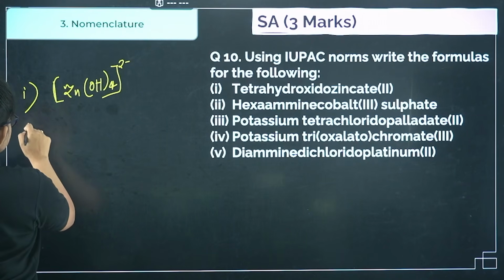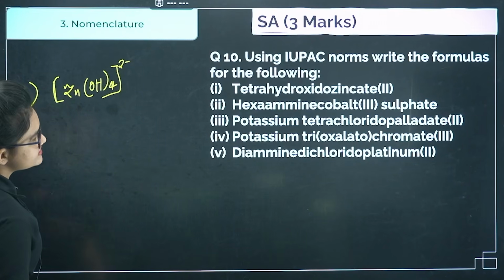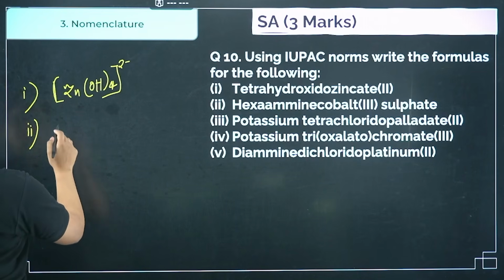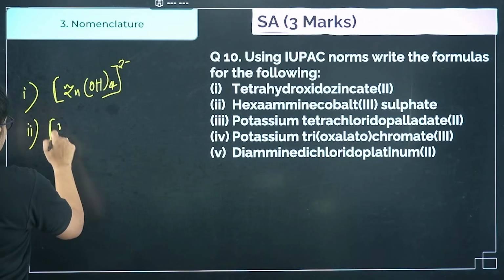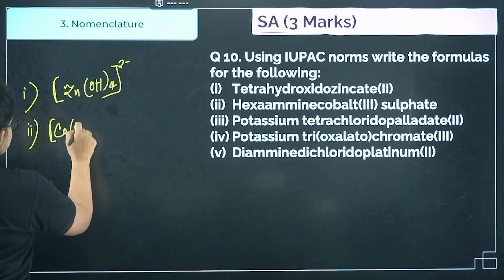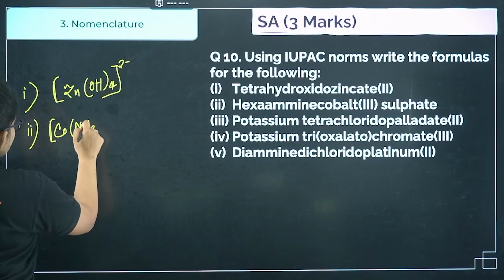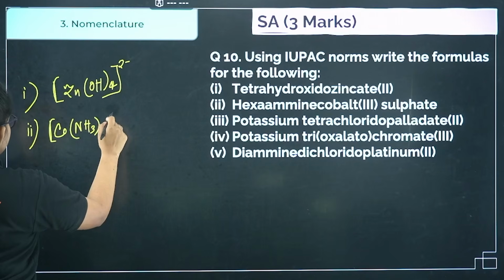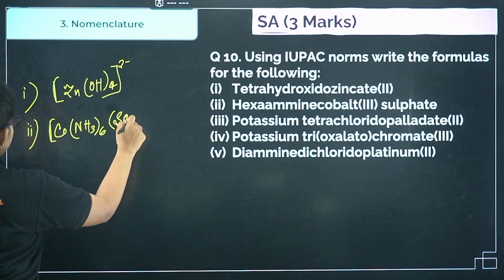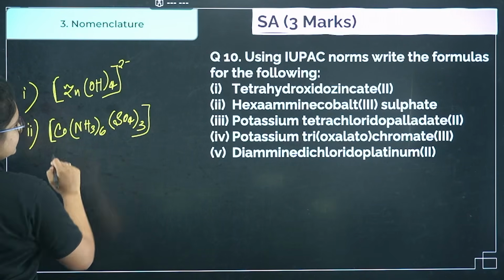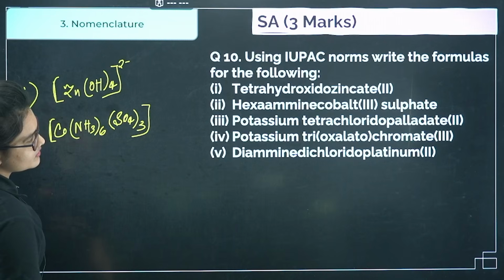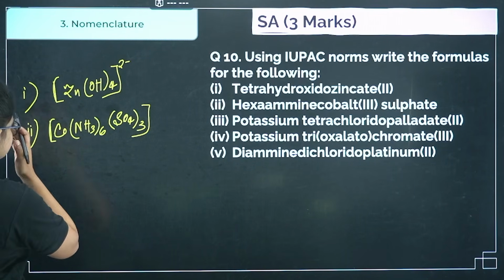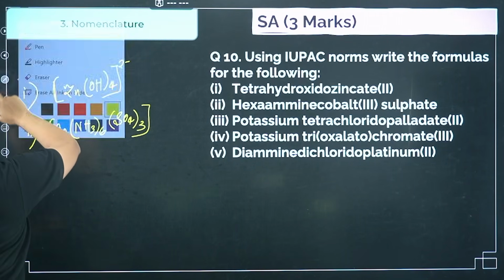Next, hexaamminecobalt(III) sulfate. So cobalt with hexaammine means 6 ammonia, and sulfate 3 times, so SO4 3. By default the oxidation number will come as 3. Next, let's proceed. Wait, this sulfate will go outside.